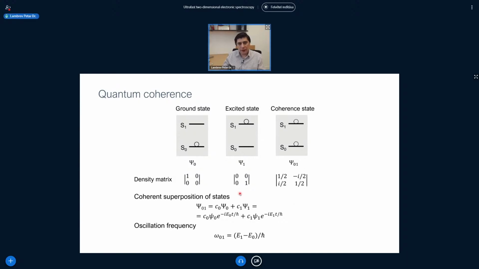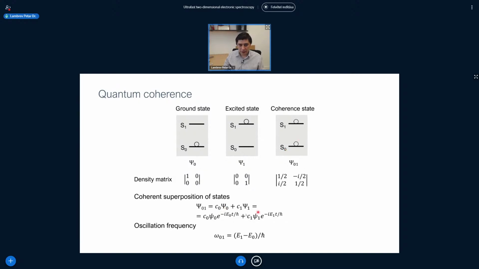Of course, these eigenstates are quantum states, and we know from quantum mechanics that any two solutions to the Schrödinger equation can be combined, and any linear combination is also a solution. So every combination of eigenstates is also a valid quantum state, and it is called a quantum superposition state or a coherent state. This is a fundamental property of quantum systems, and it's very important for their behavior.